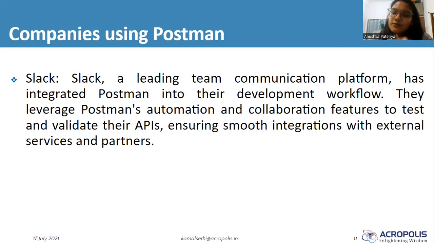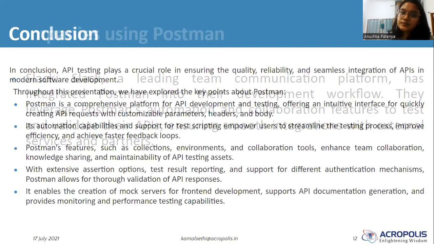It's like WhatsApp for developers or for a team. So Slack uses Postman, which is an extremely good API testing tool, and it leverages Postman's automation and collaborative features to test and validate the API for smooth integration with external services and partners.